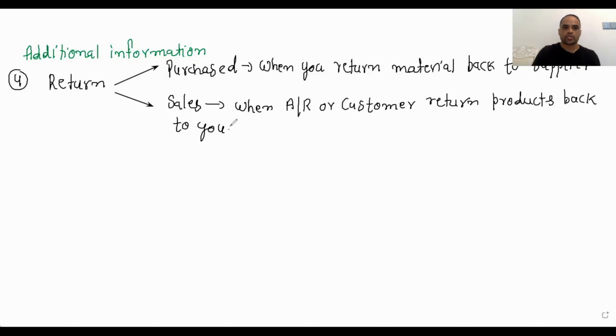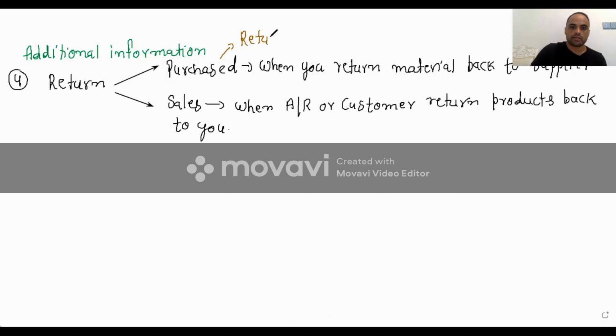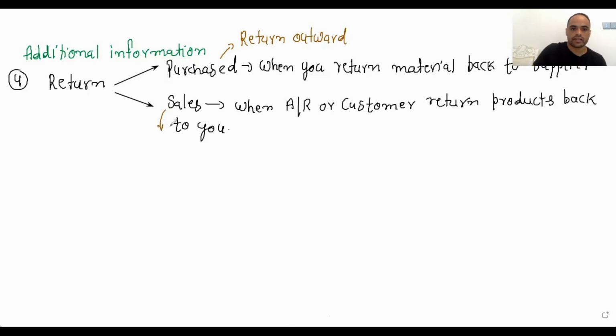So another name of purchase return is return outward. Sometimes in your question, instead of writing purchase return, it says return outward. And another name of sales return is return inwards.